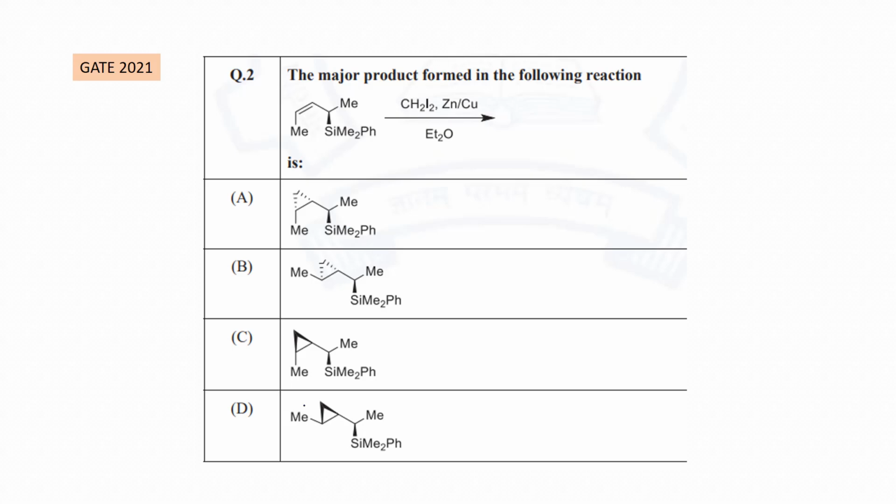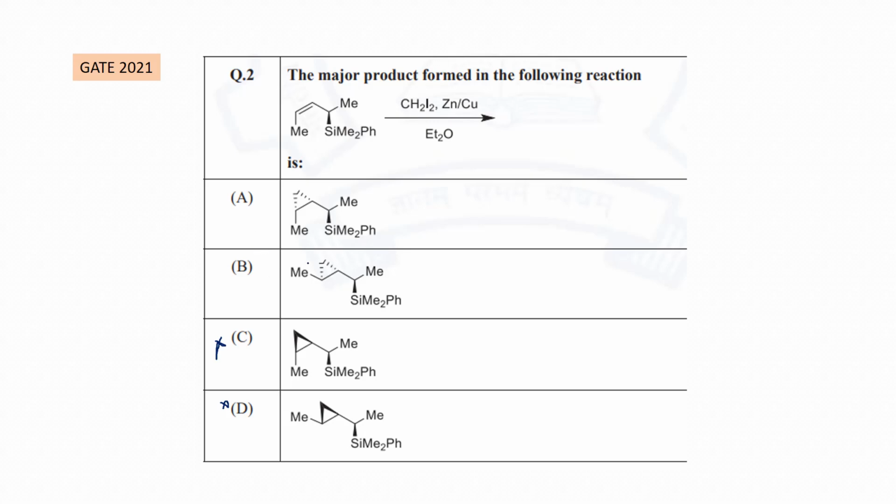Here you can see both are on the same face, so these are cut. In this case it is coming from the opposite face, but as I said, the product should be stereospecific. Whatever arrangement the substrate had initially, after the reaction the substrate will remain intact, with just the formation of a cyclopropane ring.